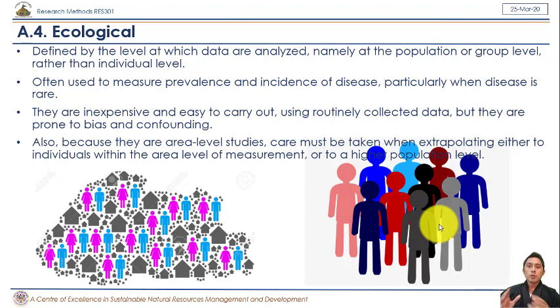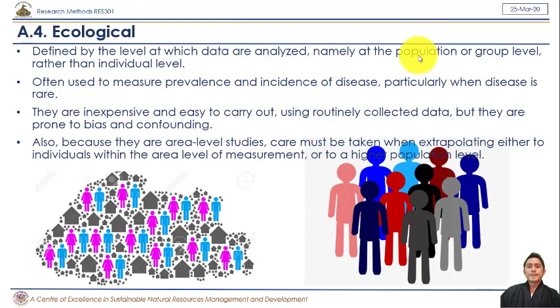We look at the population, or at the group level, in an ecological study. Care must be taken when we are generalizing from our results, which are from the group or the population, to the person we are applying them to.